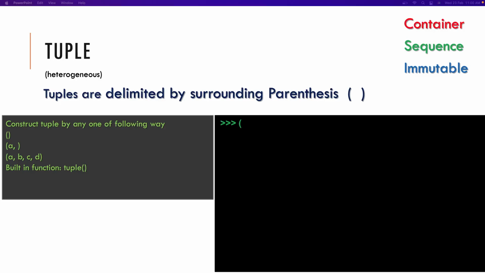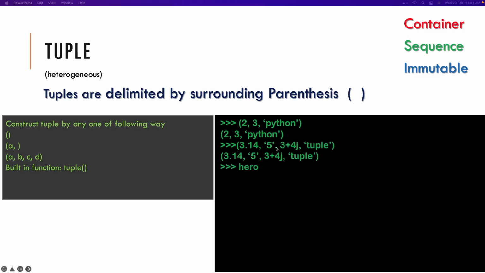So see here, how do you create a tuple? Here I'm defining a tuple with heterogeneous types: 2, 3, and Python. The second one, I created a tuple again with a float and a string, 5 and a complex number, and then a tuple. And here I'm defining heroes, which is Batman, Superman, Wonder Woman.